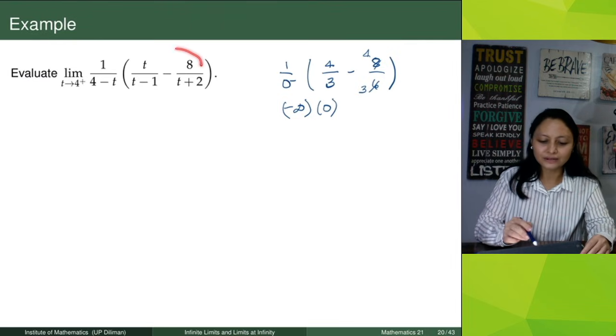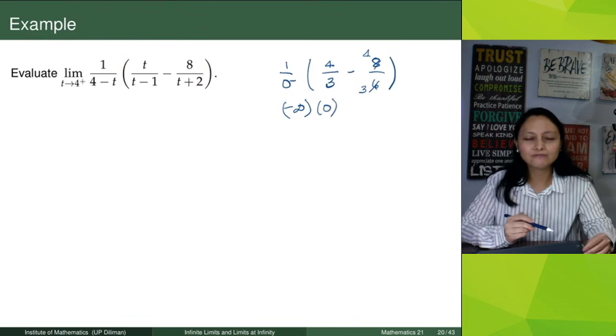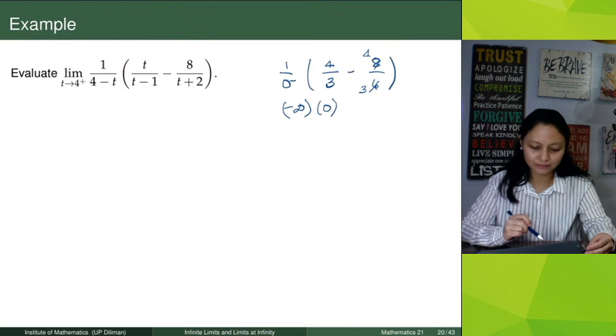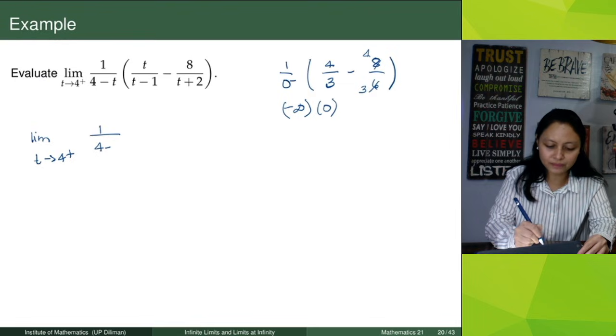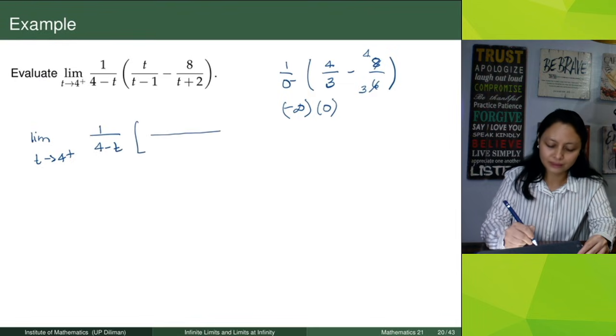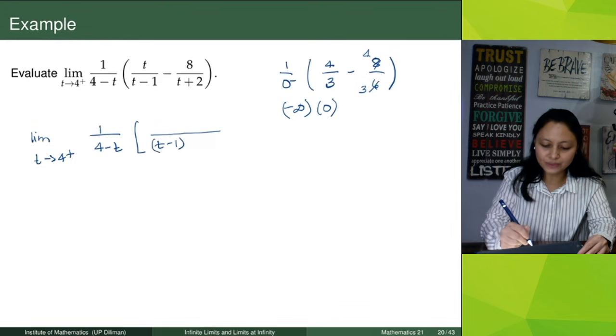So let's see what we can do to evaluate the limit. Sige, try natin yung katulad ng ginawa natin kanina, if we write this as one fraction. So you get the limit as t approaches 4 from the right of 1 all over 4 minus t times, the LCD is t minus 1 times t plus 2.